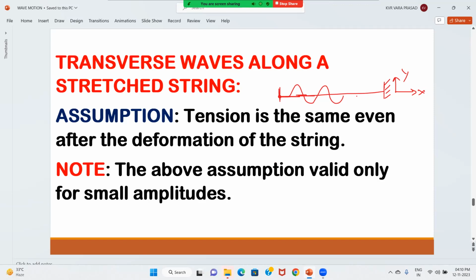But we are saying tension is the same. This is possible only for small amplitudes. For small amplitudes the string length is almost the same. That's why I have written here a note: the above assumption is valid only for small amplitudes.